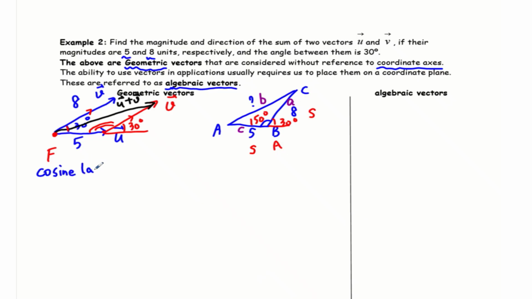The reason why we use the cosine law is that the sine law needs opposite angle and opposite side, so you have to have one ratio given. We have only one angle in this triangle, and opposite B is not given, so we don't have one ratio given.